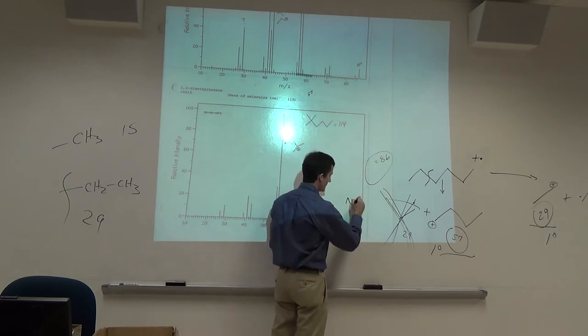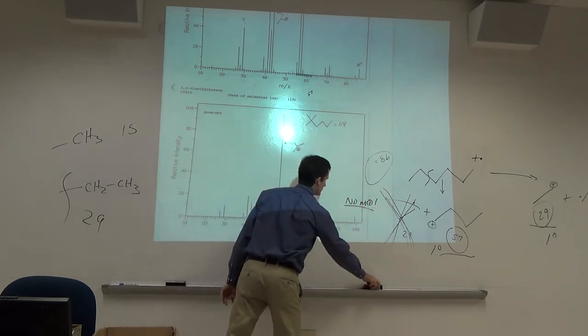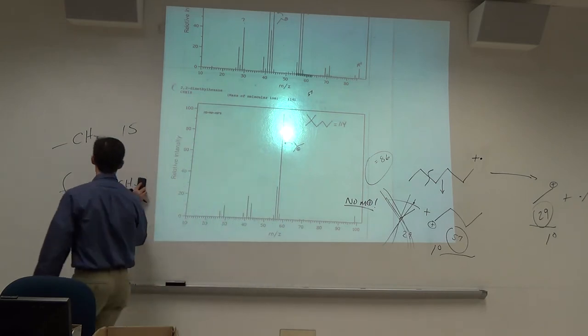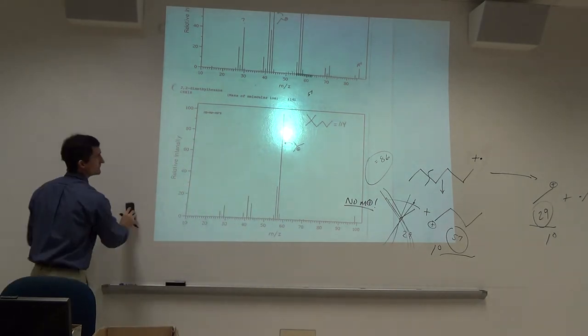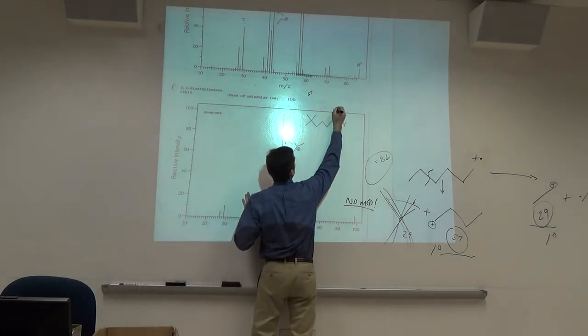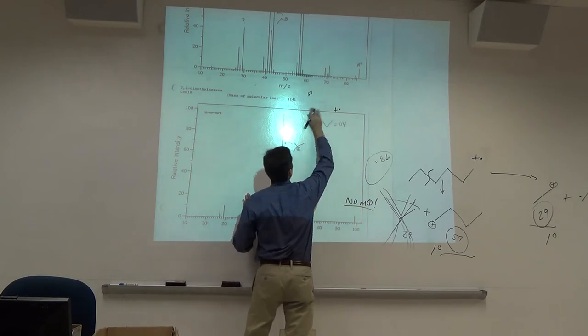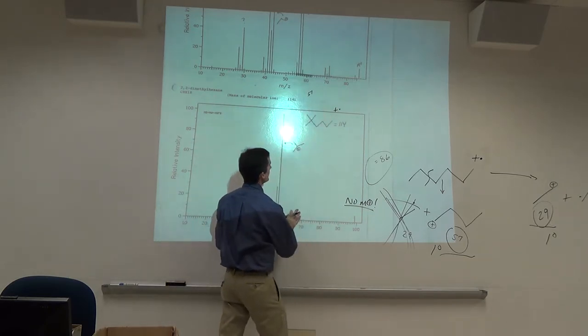So there's no molecular ion. If this thing formed a radical cation, we might expect 114, it's not there.